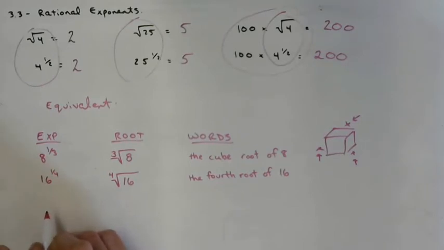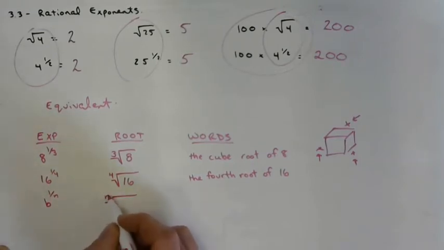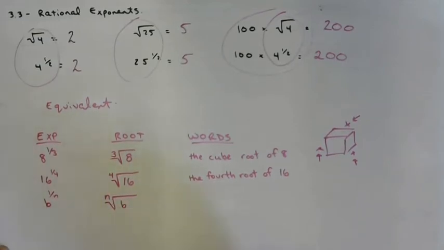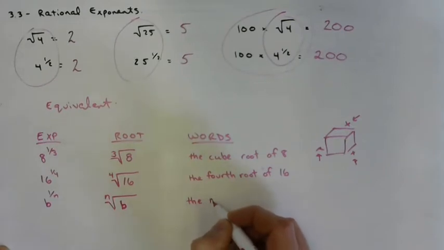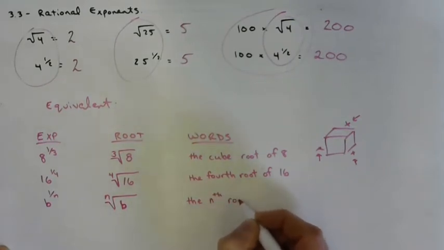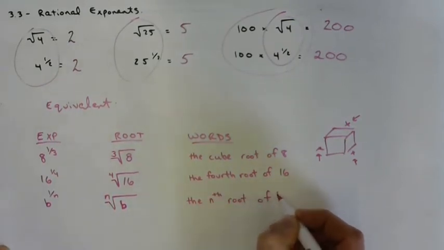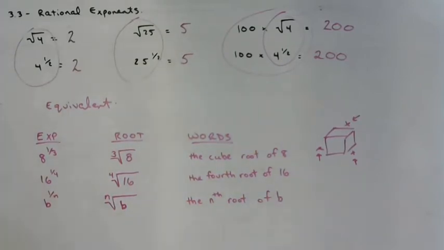Can we write a general statement for this? Yes, we can. If we have a power with a base and an exponent, so you have b to the power of 1 over n, you can rewrite that as the nth root of b.